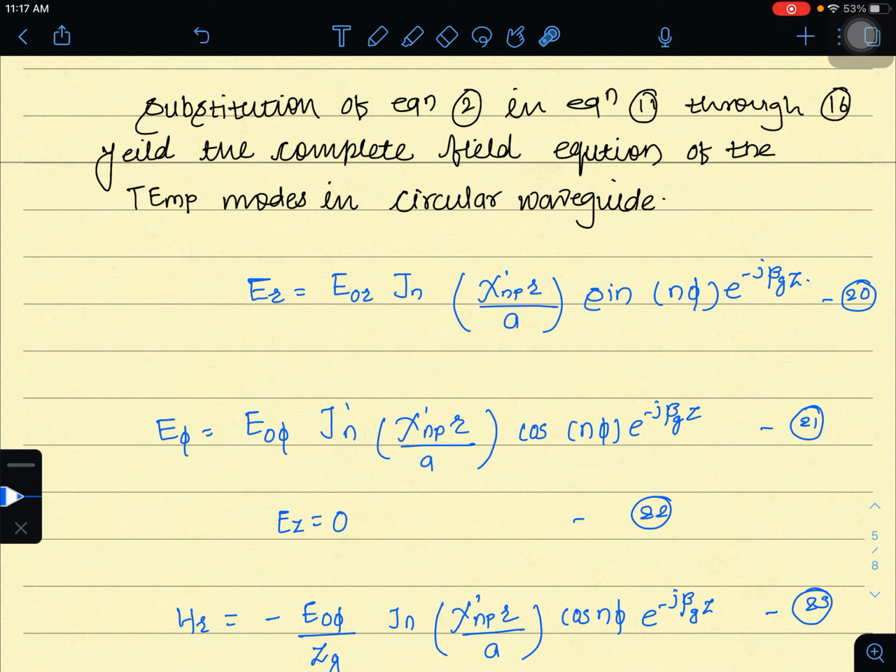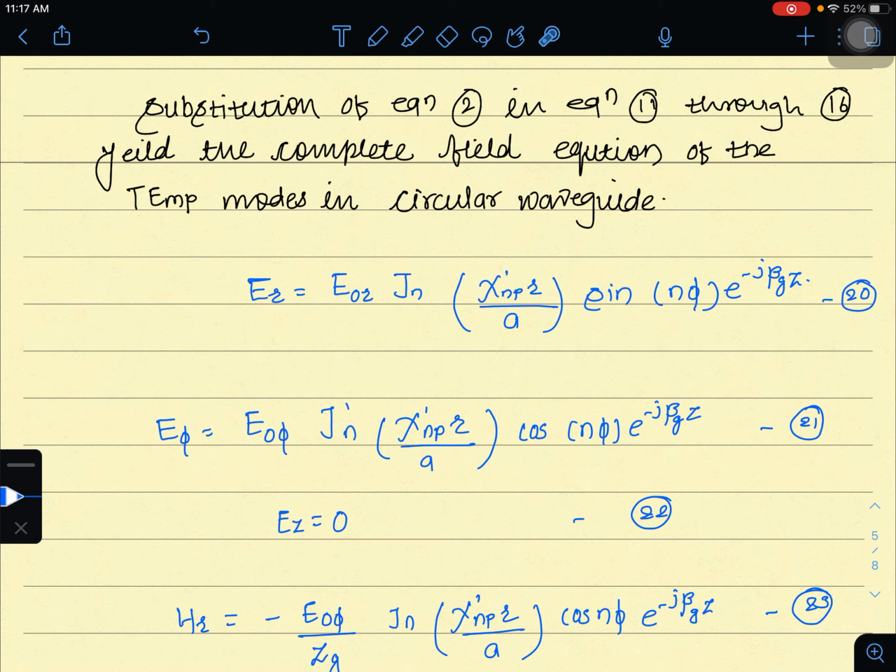Now ER is equal to E0R JN into X dash NP R divided by A into sine of N phi e raised to minus J beta G Z. It is regarding the R coordinates. Now let us see the phi coordinates.